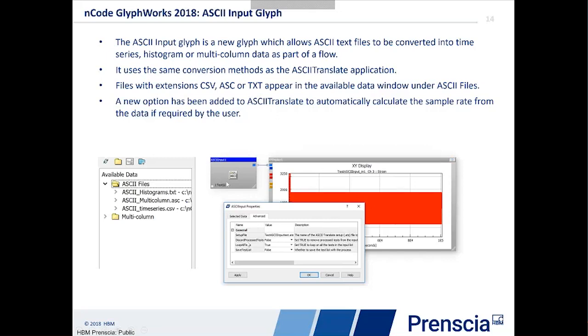This one requires a setup file, which is obtained from ASCII translate. So if you always work with the same type of formatting of an ASCII file, you do it once for good. You create a setup file, which defines how many header lines there are, where to find the channel titles, et cetera, and you save it once for good.